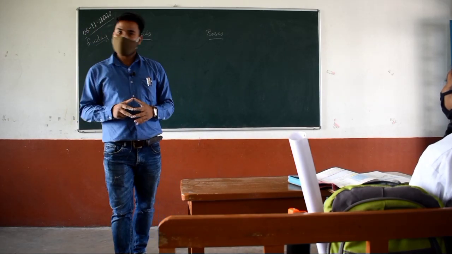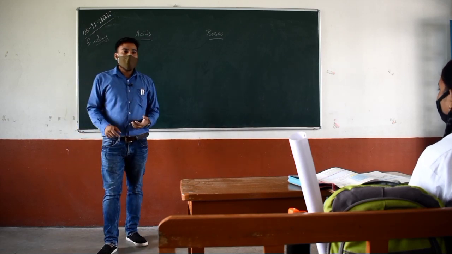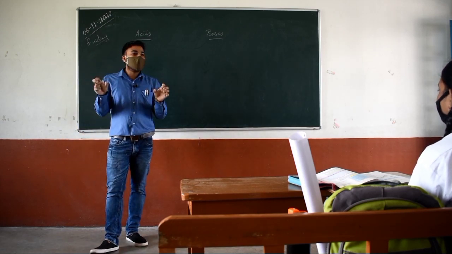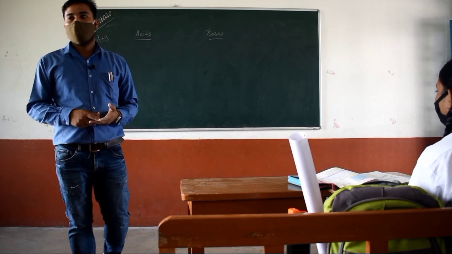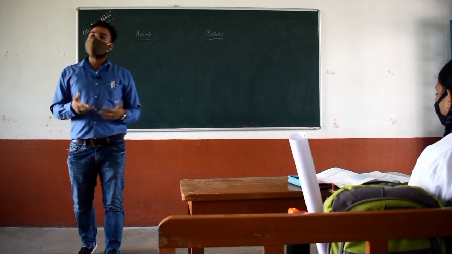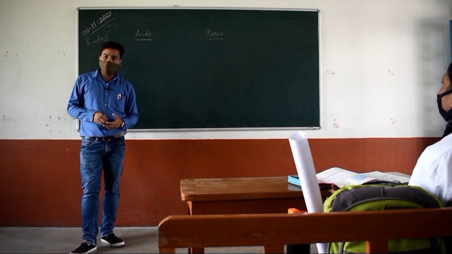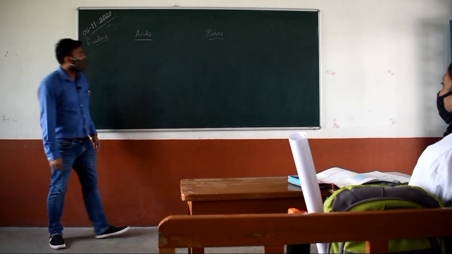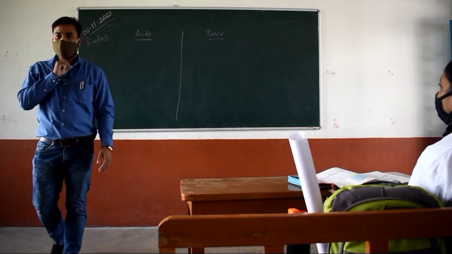And we have so many indicators also which we read. In those indicators there is a different change in color, due to which we are able to understand whether it is an acid or a base. Clear all of you?